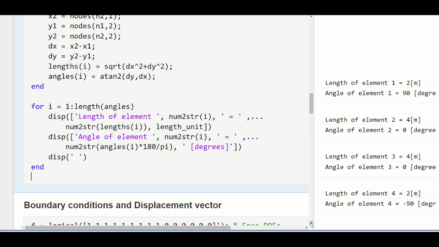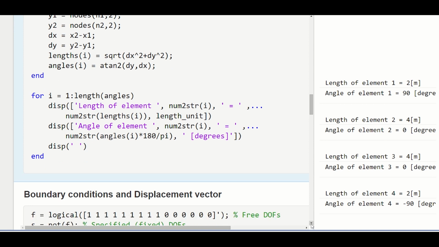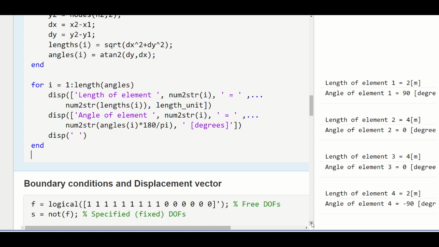Alright, then we move on to define your boundary conditions and then find your displacement vector. As we said, we have 9 free degrees of freedom and 6 fixed degrees of freedom, right? So logical means you are creating a logical vector.